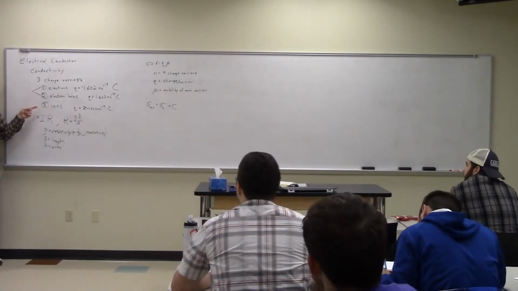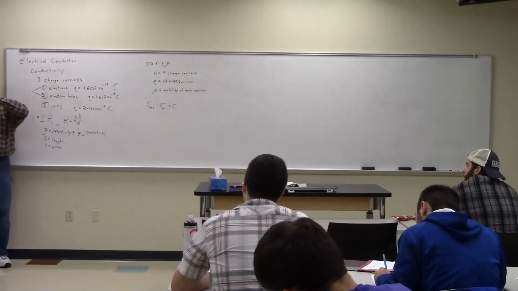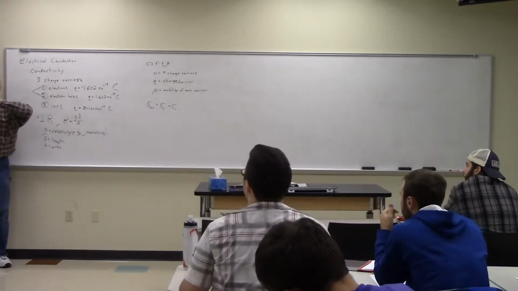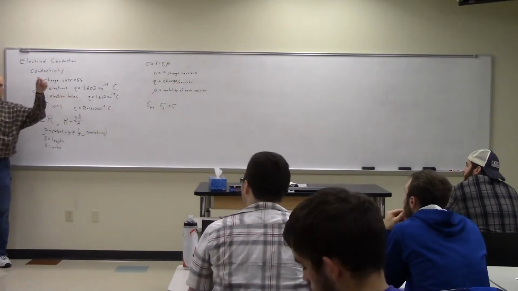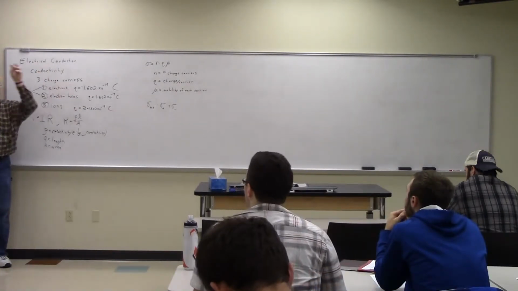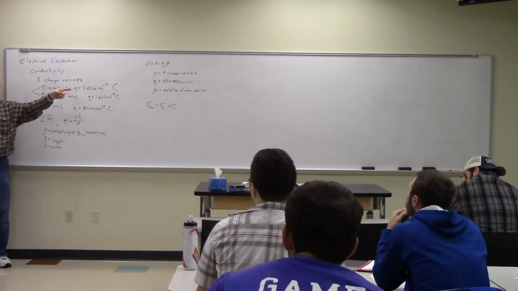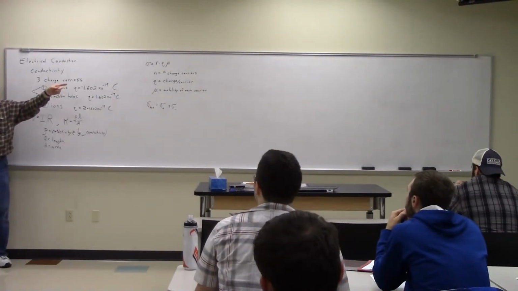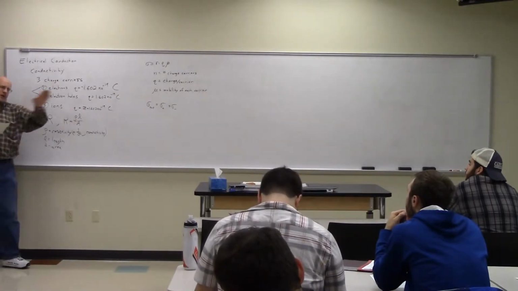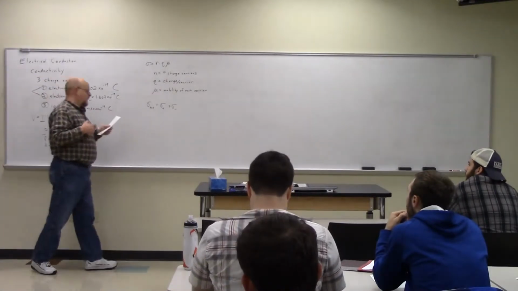Right? If I move one sodium atom from here to here, I've conducted a positive charge in that direction. If I move a chlorine atom from here to here, I've also conducted one positive charge in that direction. Both of those represent a conduction of charge.